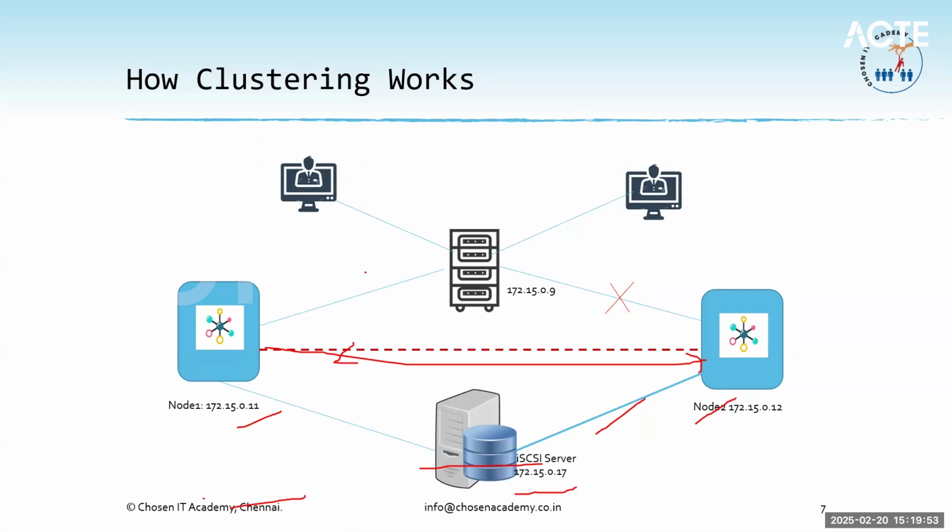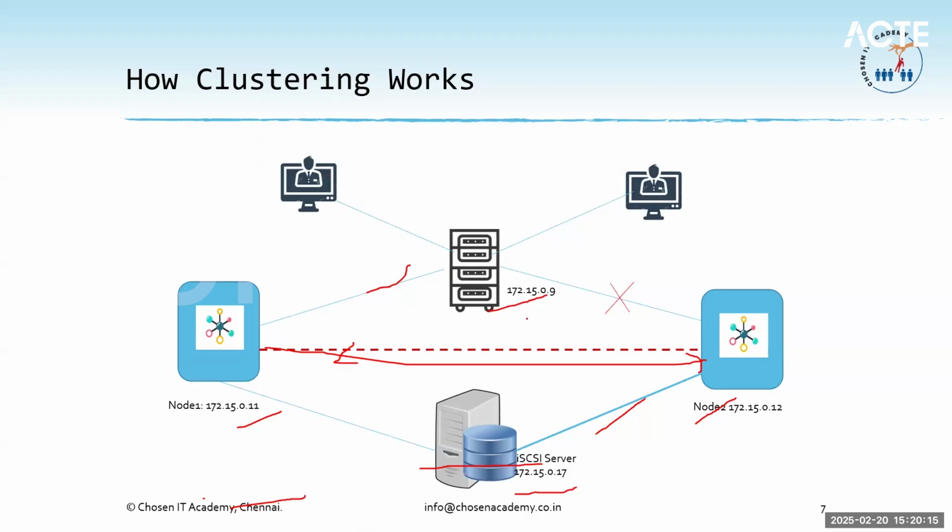And there's a virtual IP server that I have taken. This is the one. So this is the virtual IP server which will be made available for all the clients. And I have taken a web service as the sample for demonstrating the high availability.